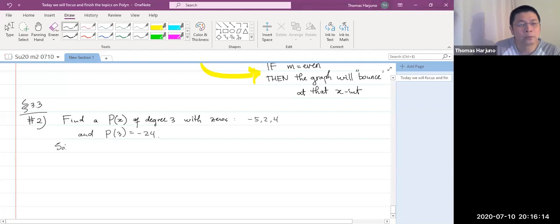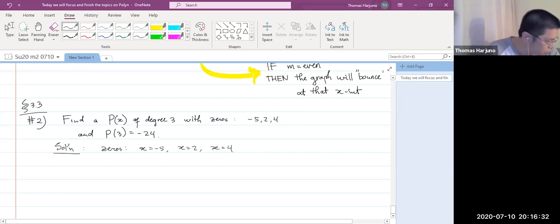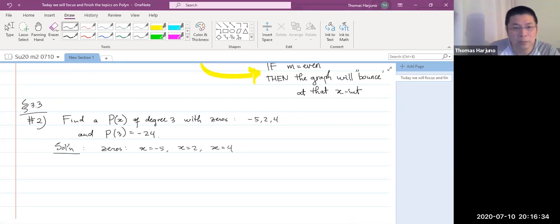Solution. Because the zeros are x equals -5, x equals 2, and x equals 4, there are 3 zeros here, and it's degree 3. So each one of them must be a simple zero, a multiplicity of 1.